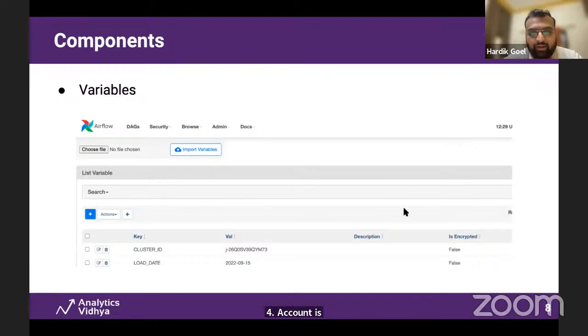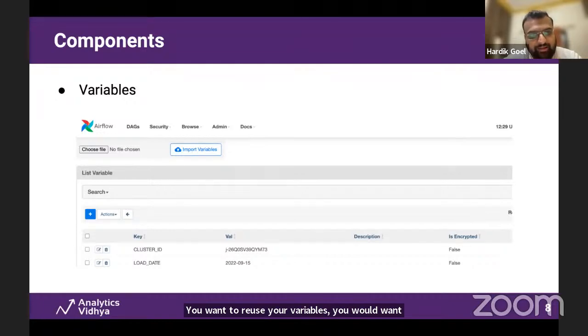A typical case is you write your Airflow DAG and you put the value in. You just give a variable in your DAG as cluster_ID. This is a made-up name, the key is not a fixed key. You can give any name, XYZ, and that would also work. And this is the ID of your EMR. Now your DAG just got parameterized. Anything there for parameterization is handled by variables.